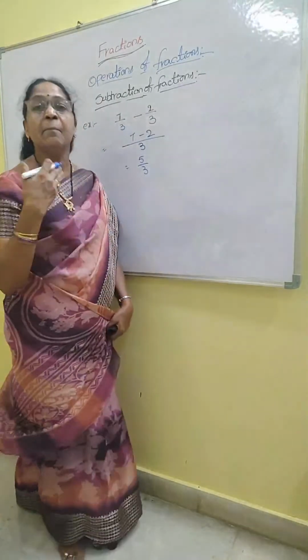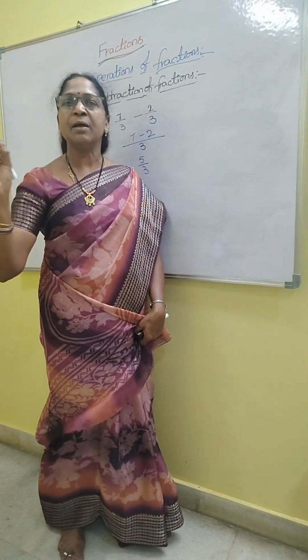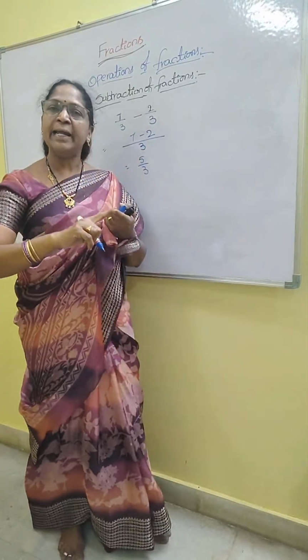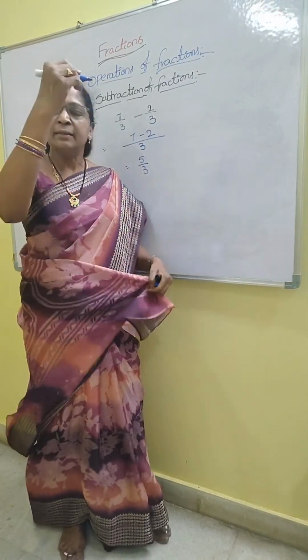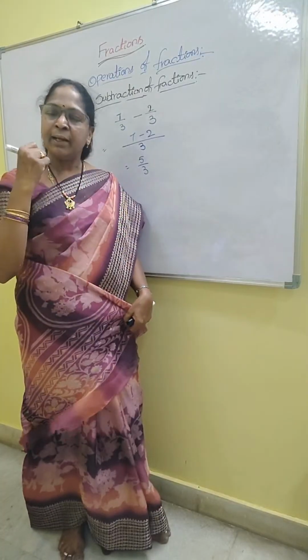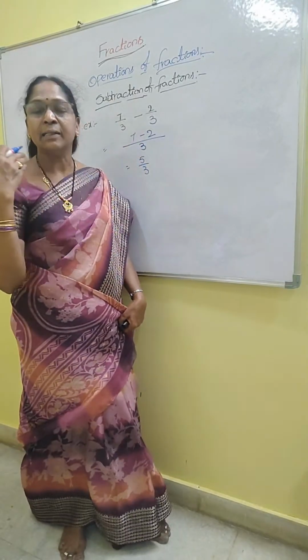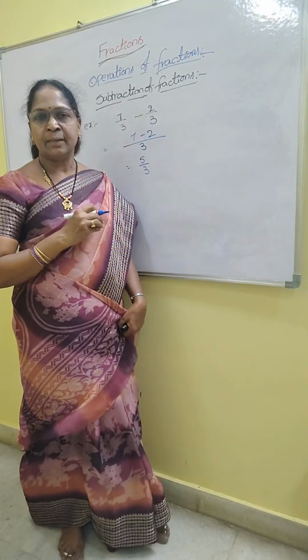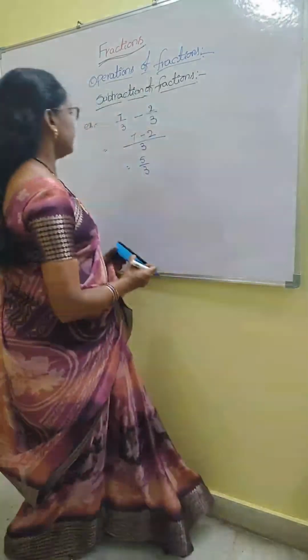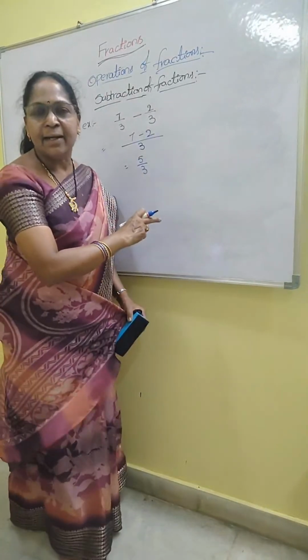This is the same procedure as the addition of fractions. So for the addition and the subtraction of fractions, the procedure is same. When like or unlike fractions are given, you have to follow the same procedure. Now see here. Is it clear?